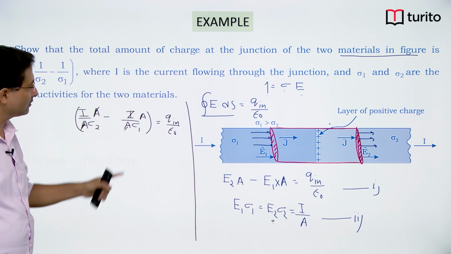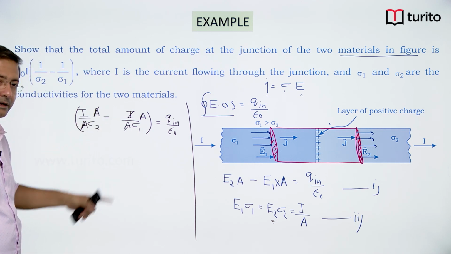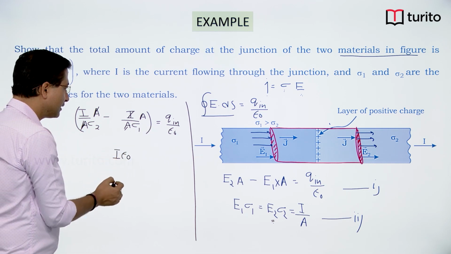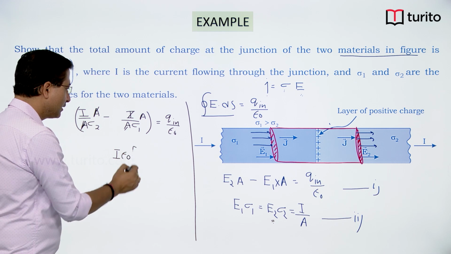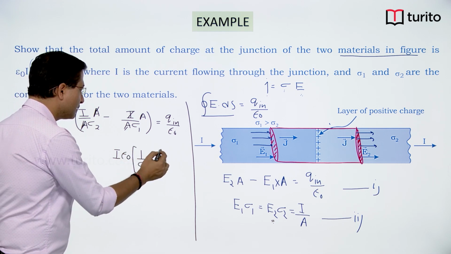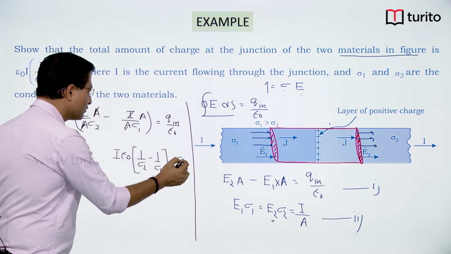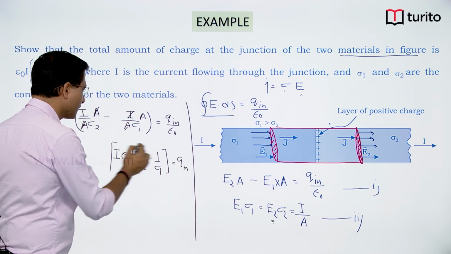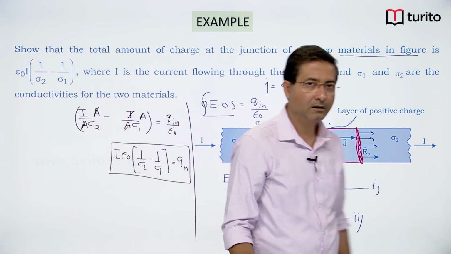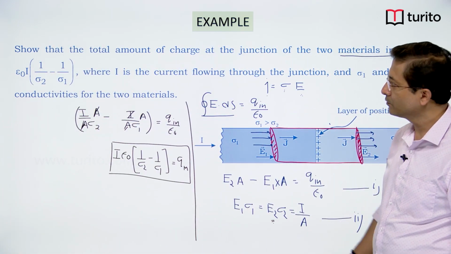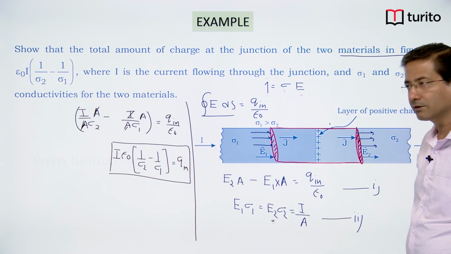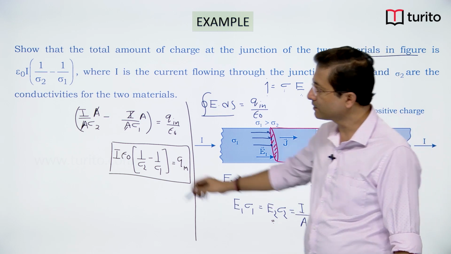A gets cancelled out, and I can take out epsilon naught. So epsilon naught I (1 upon sigma 2 minus 1 upon sigma 1) is equal to q in. So we have proved that the charge at the junction will be given by this expression.